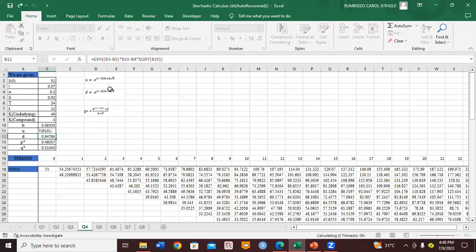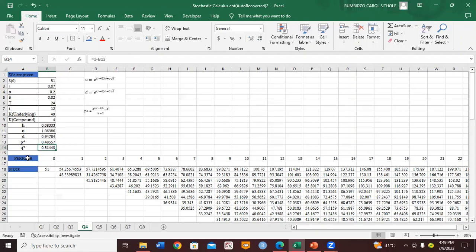And for D, here's the formula: R minus delta multiplied by H minus sigma root of H. To calculate our P, here's our formula. We use R minus the dividend, multiplied by H, we subtract D, divided by U minus D. And then calculating Q is simple. It's equal to 1 minus P.